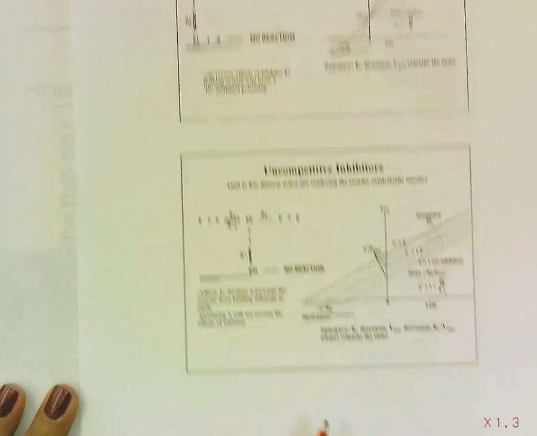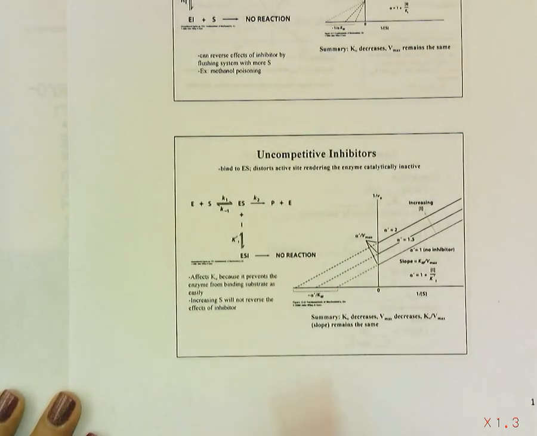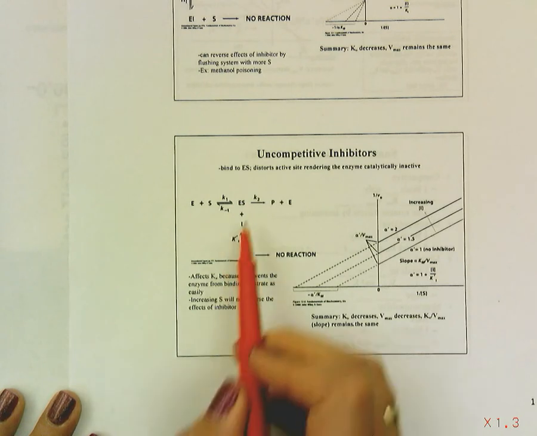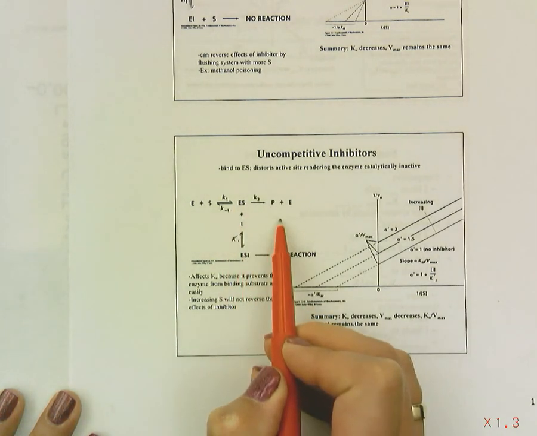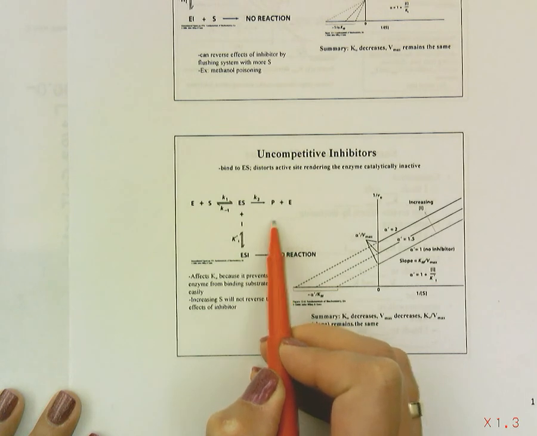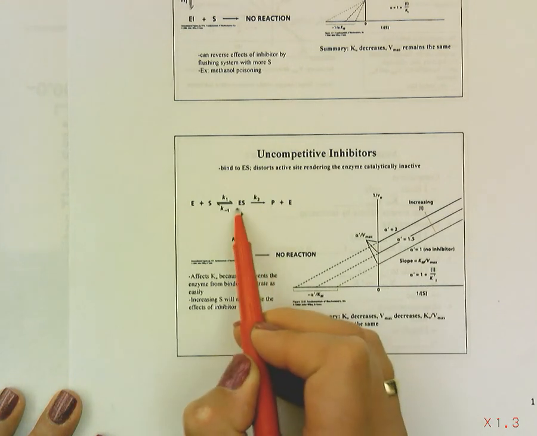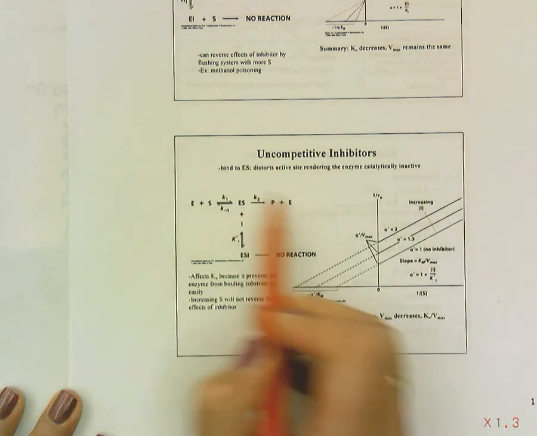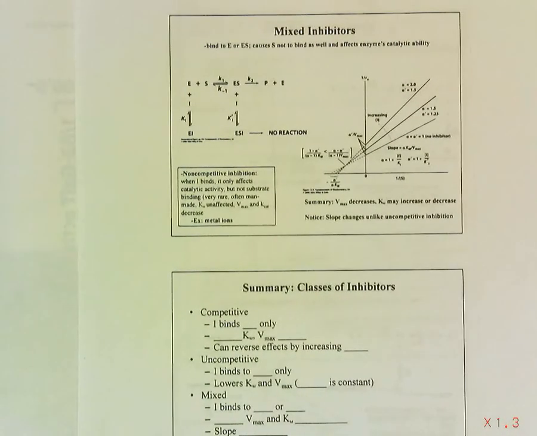You can use the same argument when you're talking about uncompetitive inhibitors. Km also has to decrease because there is less of the enzyme substrate complex productively making E plus P. It's being pulled off to make ESI, which is no good. That's no reaction. So if the value of this decreases, then the whole thing decreases. You could look at mixed inhibitors.